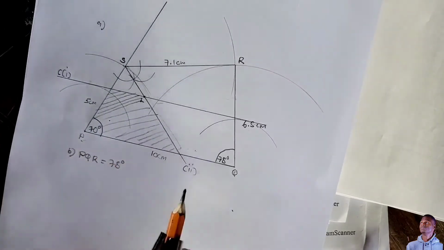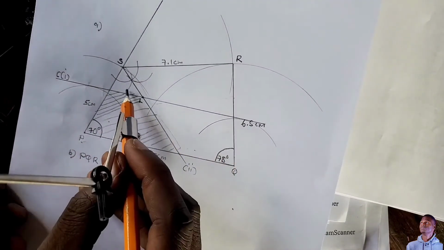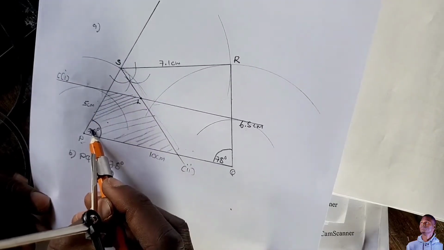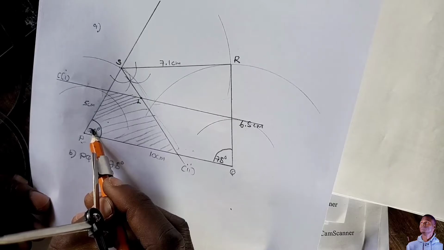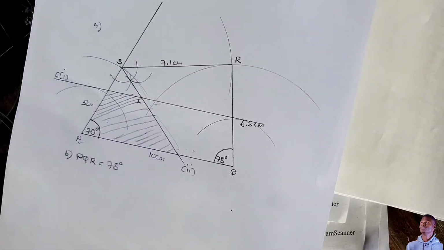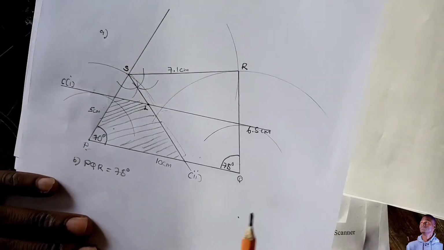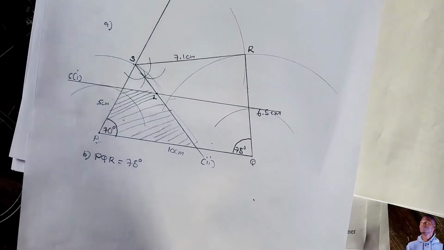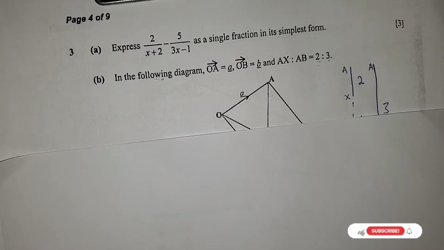Now, why not this part? Because it's also near PS, but it is above 3 centimeters. So that's how you construct this. This is 8 marks. So let's go to another question.